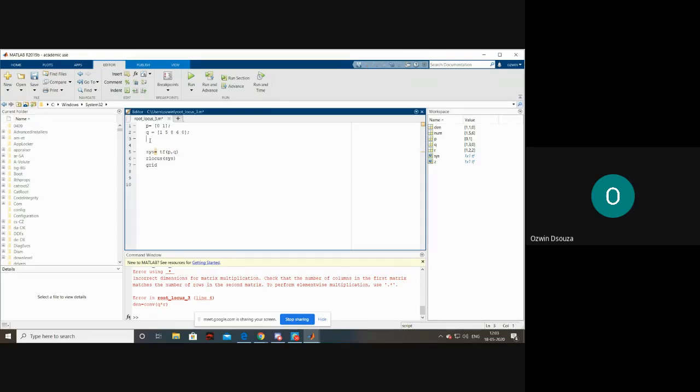I've just multiplied the two factors because it was throwing me some error with the convolution. Now let me save it.